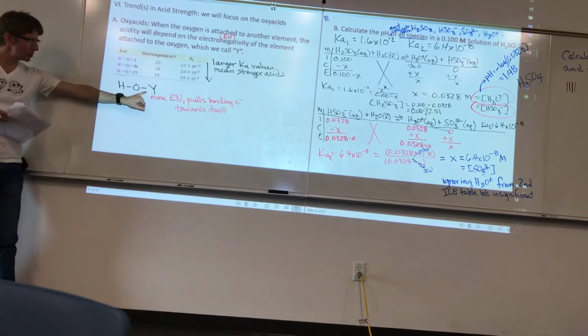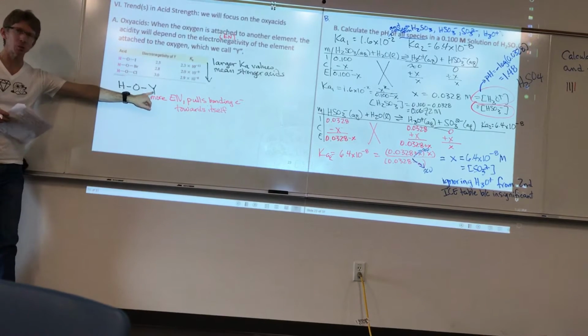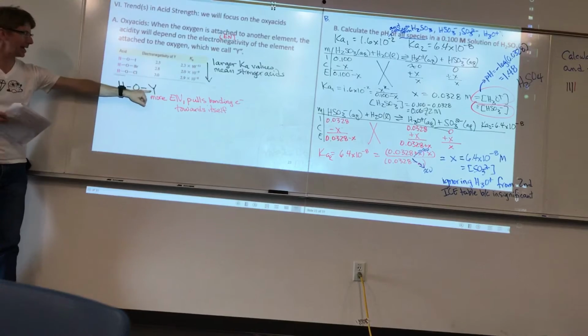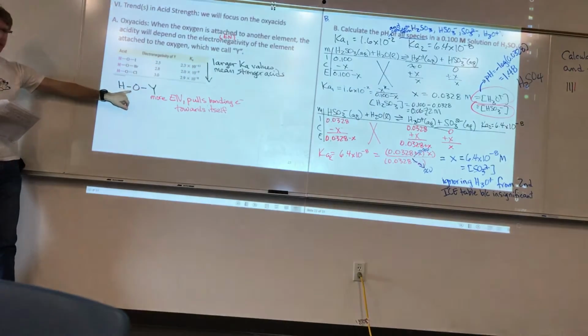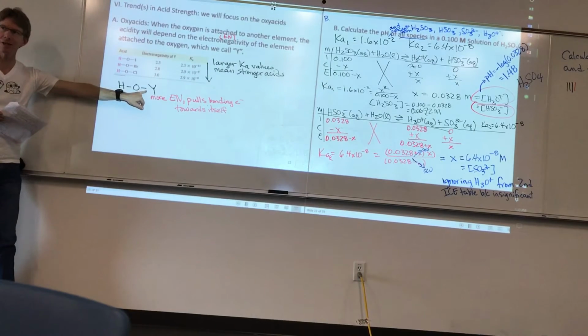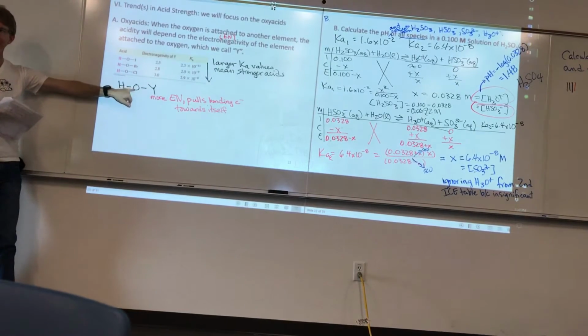And when you pull electrons from this bond towards the Y atom, it actually pulls some of these electrons over as well, weakening this bond.